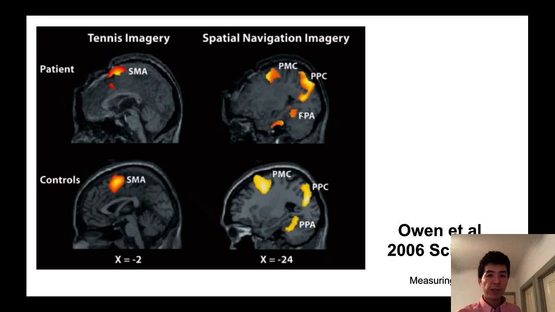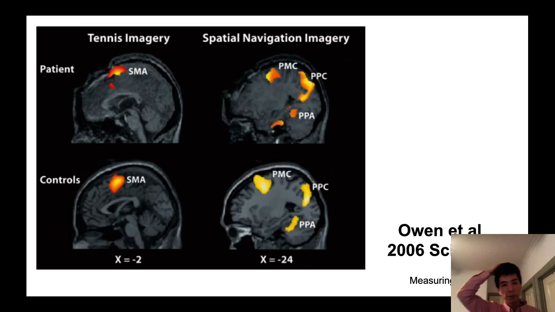When you see this yellow or red picture in journal papers, typically what it means is that, in contrast to the baseline activity, these areas become more active, as inferred from the BOLD signals after lots of pre-processing.